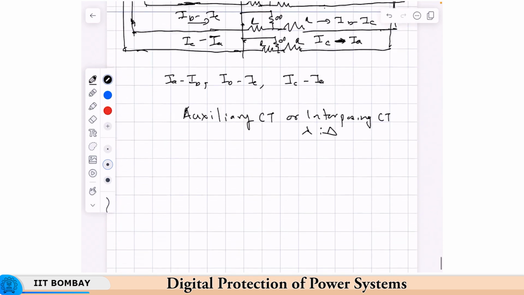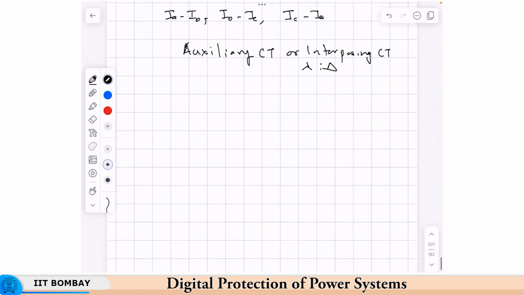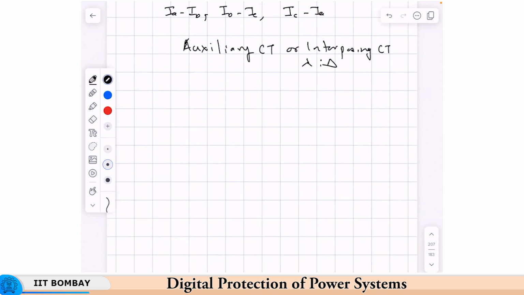Now the final thing that is left is the tap selection. So, CT ratio and tap selection. Let us say that this is a 100 MVA, 220 by 110 kV transformer.